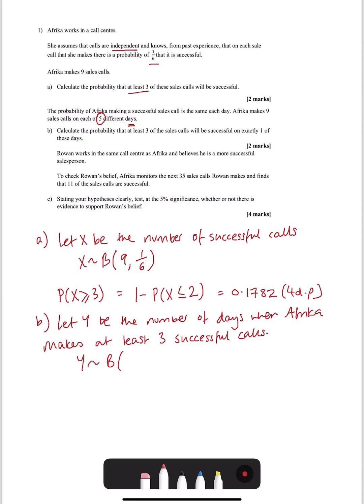There are 5 days, so 5 trials. And the probability of at least 3 successful calls is what we worked out in part A, so 0.1782. We now want to calculate the probability that she does it on exactly 1 day, so when Y equals 1. So we type it in and we get 0.4061 to 4 decimal places.